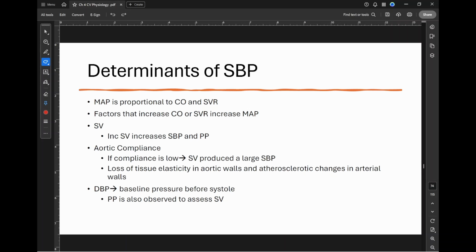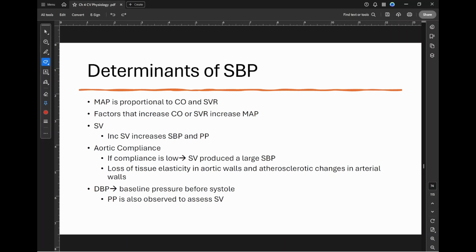So there's that loss of tissue elasticity in the aortic walls; atherosclerotic changes in the arterial walls make the aorta stiff. The aorta is like a garden hose. It's very pliable, but over time, as you get older, it will get a little harder. Calcification, old age, that's why blood pressure usually goes up a little bit as you get older, because the aorta loses a little bit of compliance as well.